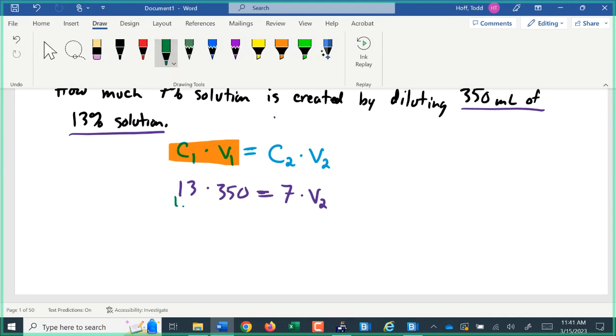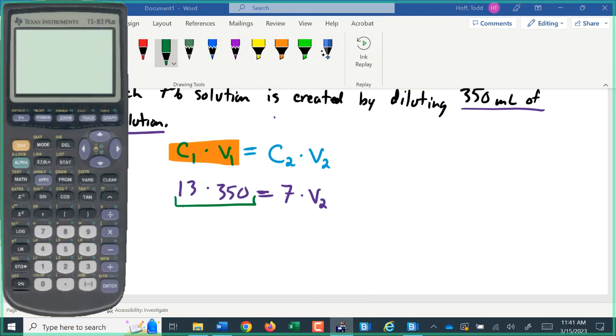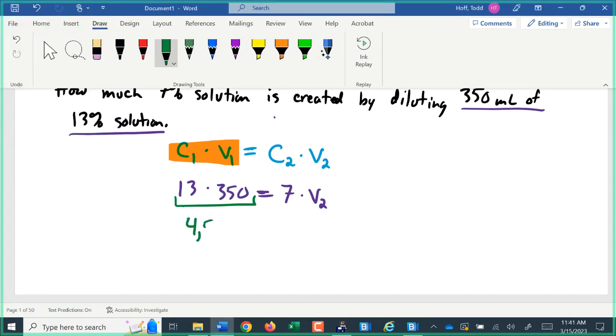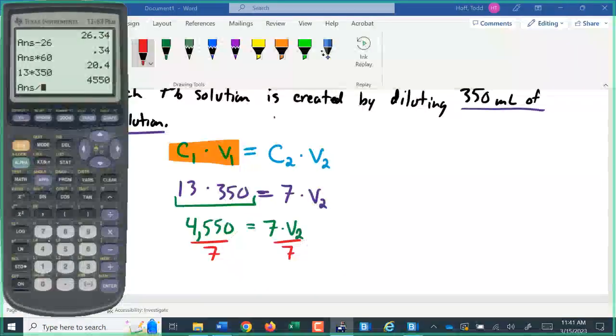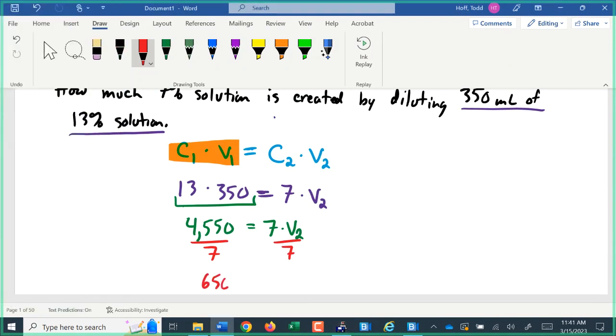We start by doing 13 times 350, which gives us 4,550 equals 7 times V2. We solve this equation by dividing by 7. So 4,550 divided by 7 gives us 650.